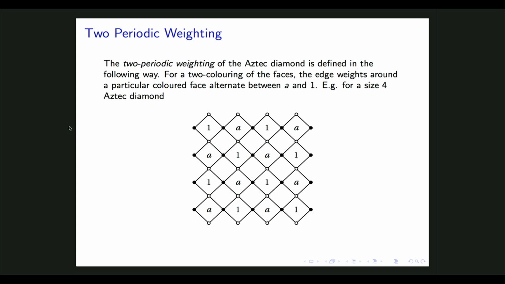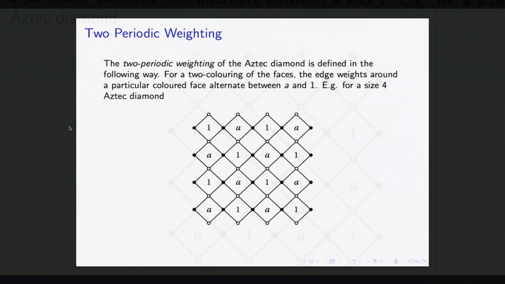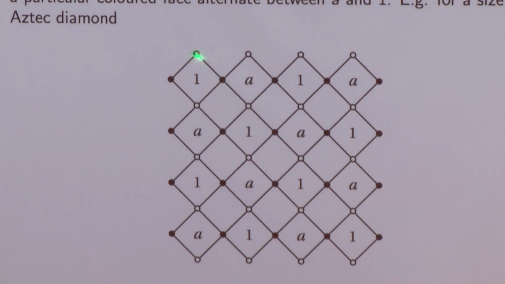The two-periodic Aztec dimer that I briefly mentioned and showed you some pictures of has a different choice of weights, in the following way. All the edges that go around this square here have weight 1. All the edges around this square have weight A, and then 1, and so on.